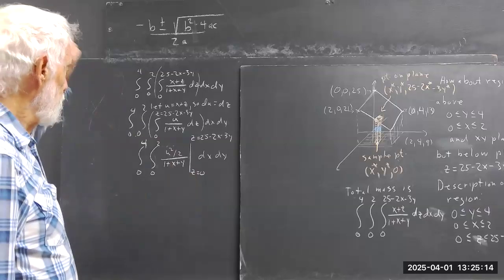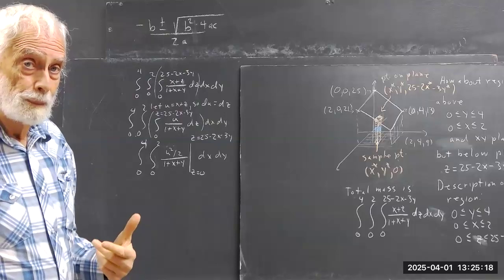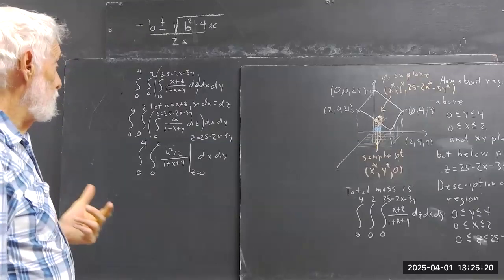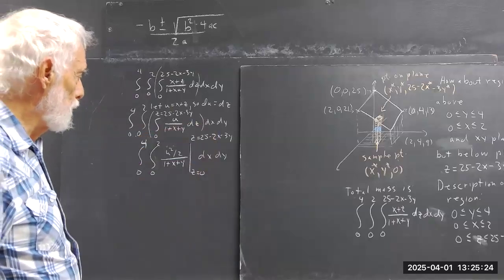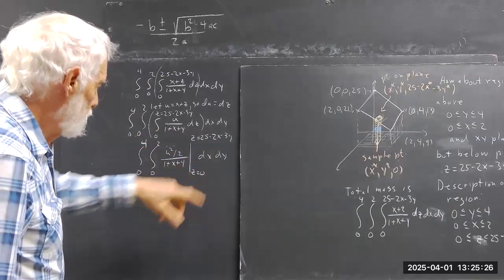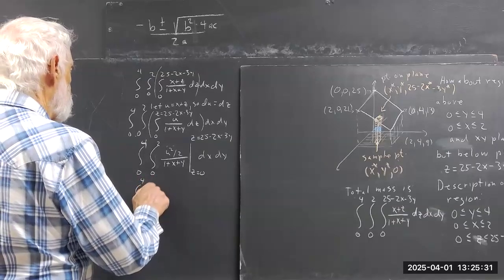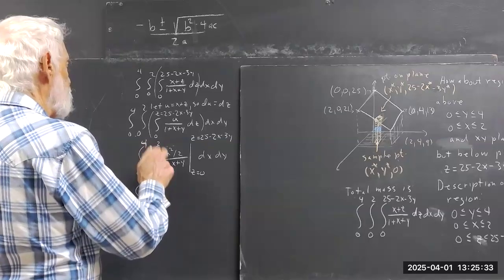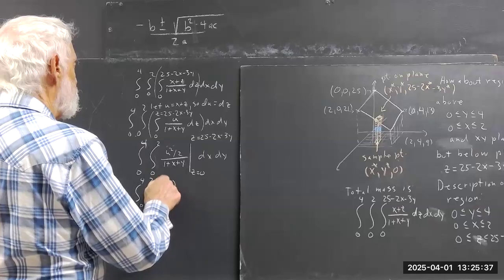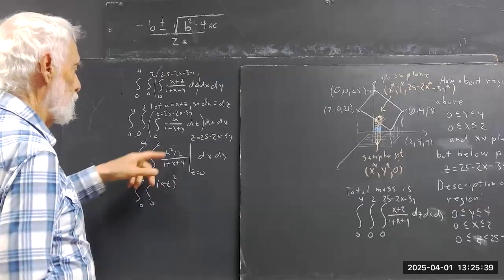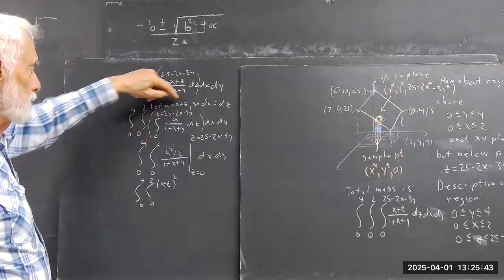I could have expressed all this in terms of u, u being x plus y and so forth, but that would get a little complicated. So I'm going to just do it like this. And now I'm going to rewrite this integral. Instead of u, it's going to be x plus z squared over 2 because that's what u is equal to.